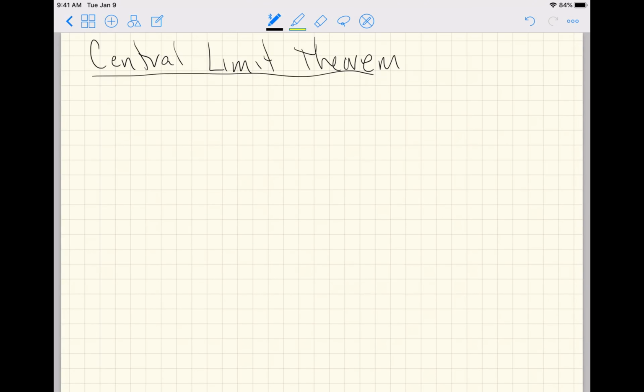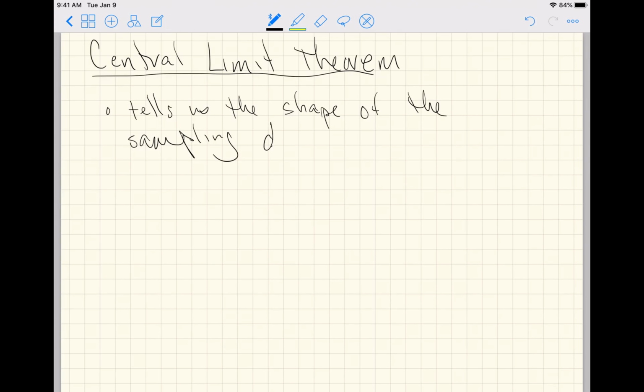The Central Limit Theorem tells us the shape of the sampling distribution for specifically the sample mean. It does not necessarily tell us the shape of the sampling distribution for, let's say, the interquartile range.